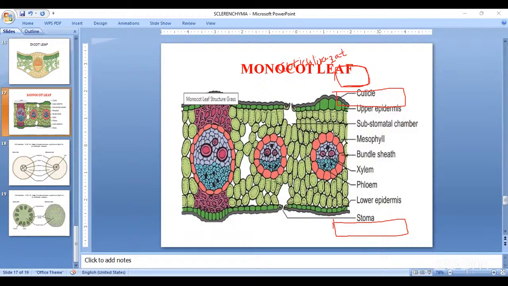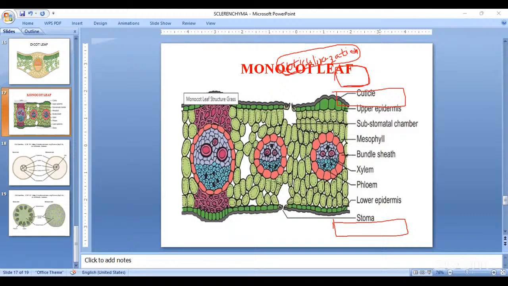That means the difference is that in dicot leaf, cutin forms in the cell wall itself, not above the surface. The cutin is impregnated within the cell wall layers.